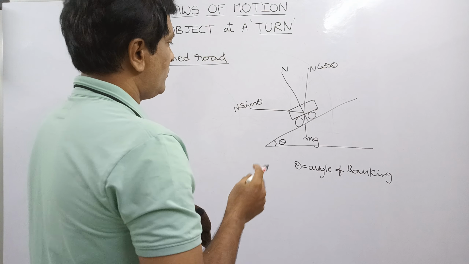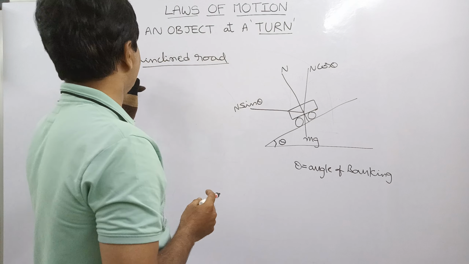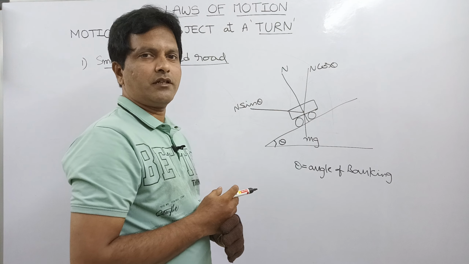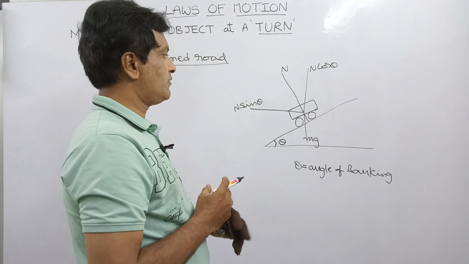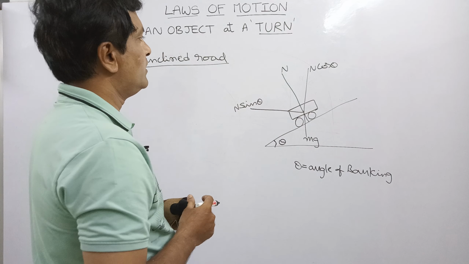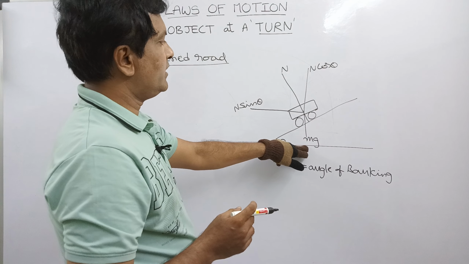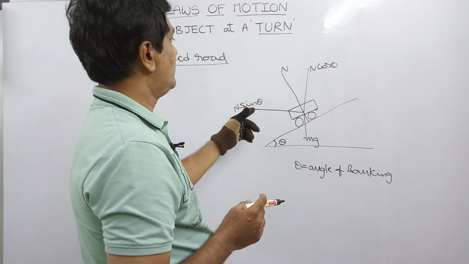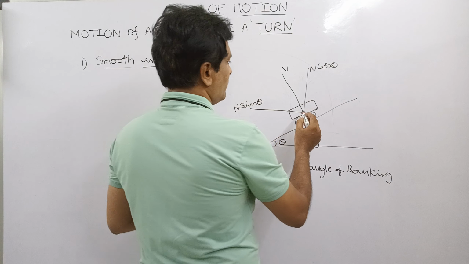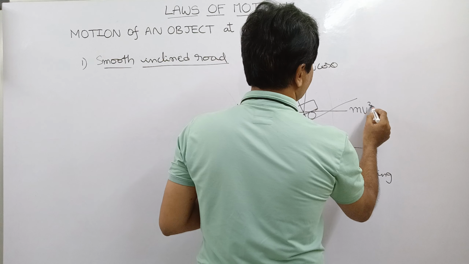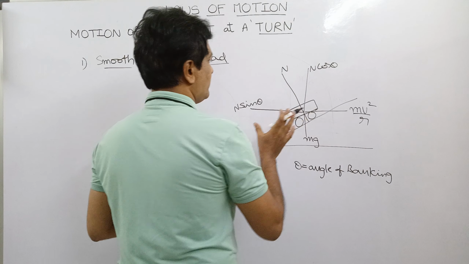If we consider this as a smooth inclined road, there will not be any friction. We need not consider any frictional force between the tires and the road. So here mg is equal to n cos theta, and n sin theta will be equal to the centrifugal force acting on the vehicle.